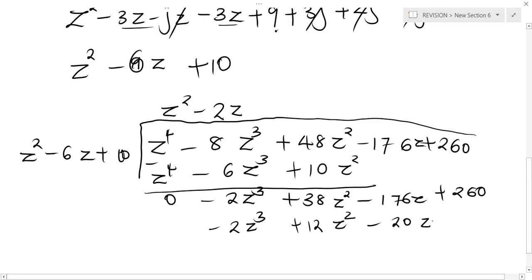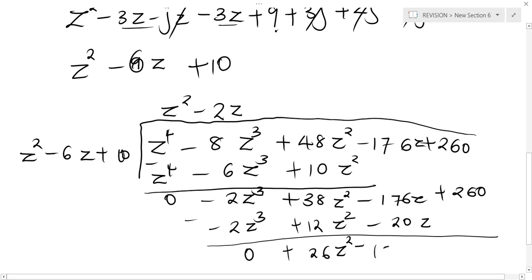So subtracting these two equations, this will give us 0, 38 minus 12, so this will give us 26z squared. Minus 176 plus 20 will give us minus 156z, and then plus 260.